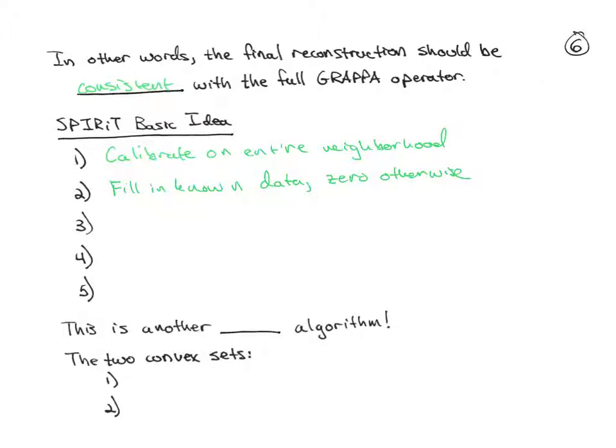Then you apply the kernel to estimate all the data, the known and the unknown data. Then you replace or restore the known data in its locations, because we trust that data. And you iterate steps 3 and 4 until the data stops changing.